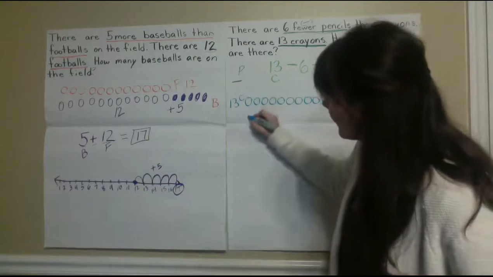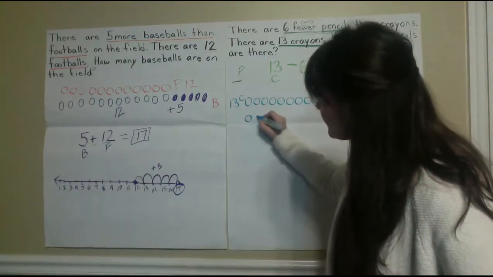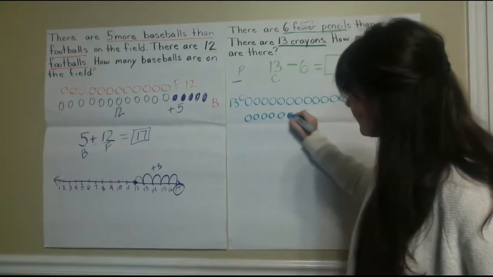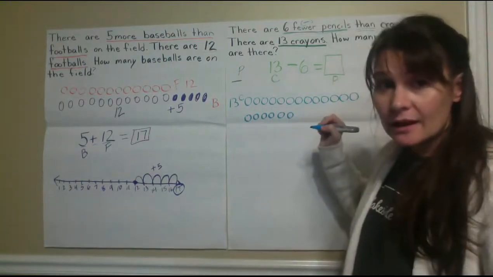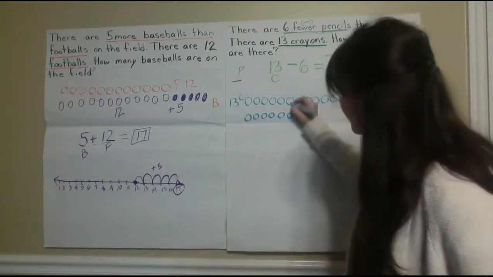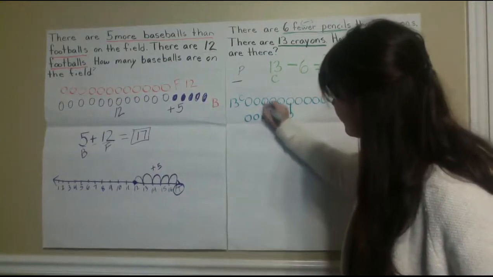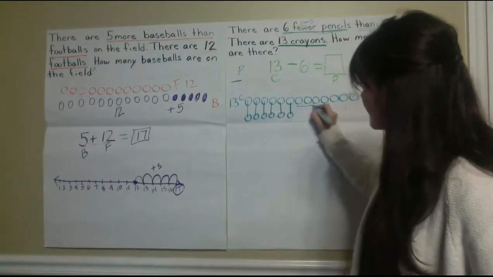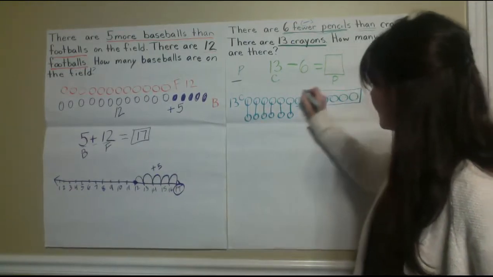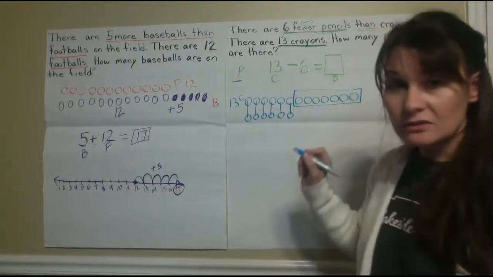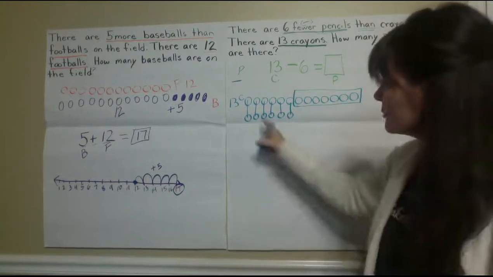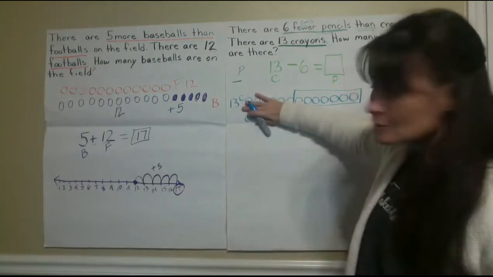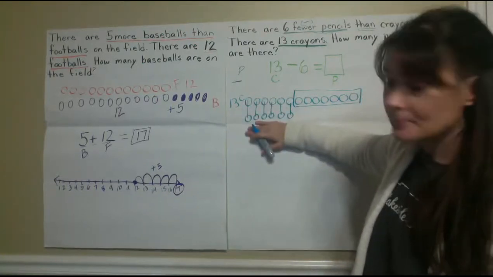Well, I can show 6 underneath, and then I can match them up. 1, 2, 3, 4, 5, 6. So that tells me that these must be how many pencils I have left, because I had 13 and I took away those 6 and matched them up.